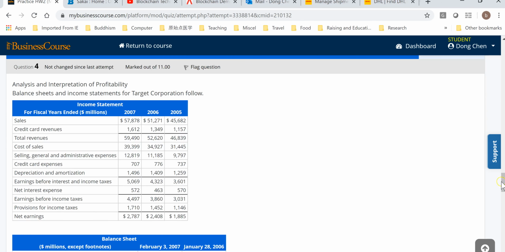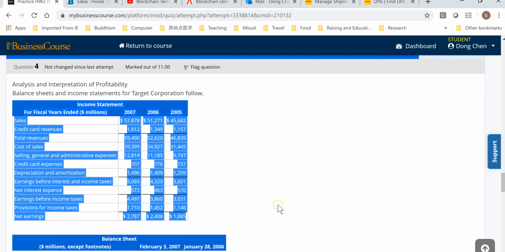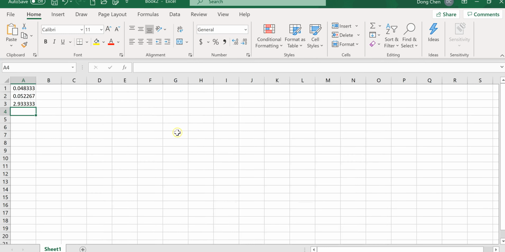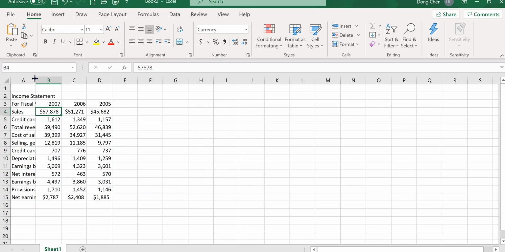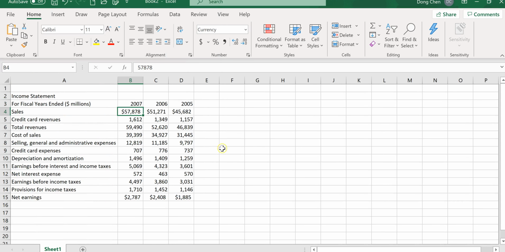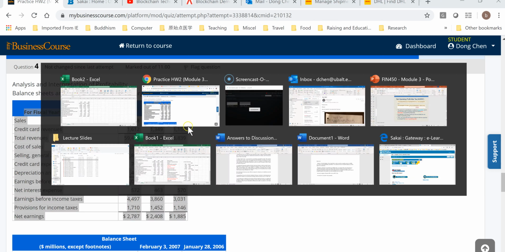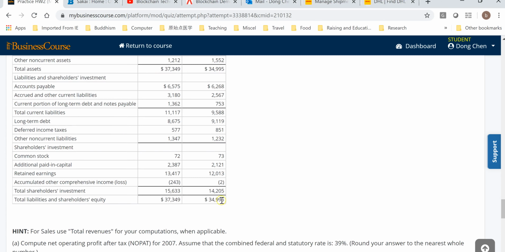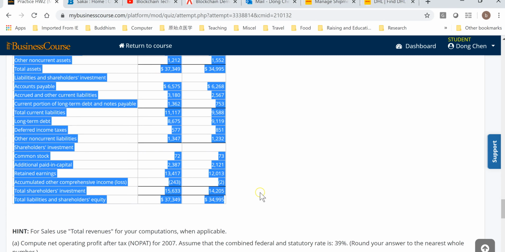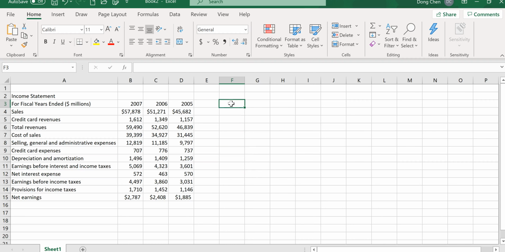So let me use Excel to solve this question. Let me first copy all these numbers. Paste special, and I think we can use paste text. Now you see we have copied the income statement, and I can do the same for the balance sheet, which saves me the effort of copying manually.